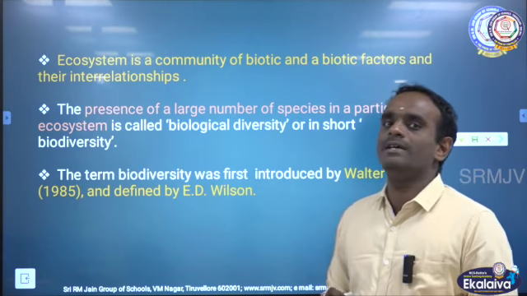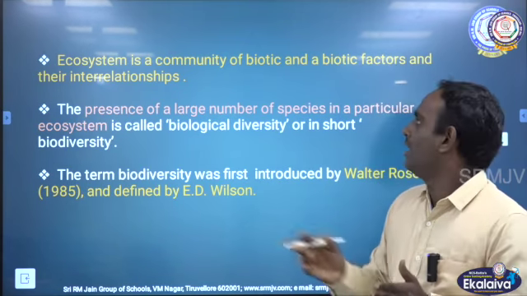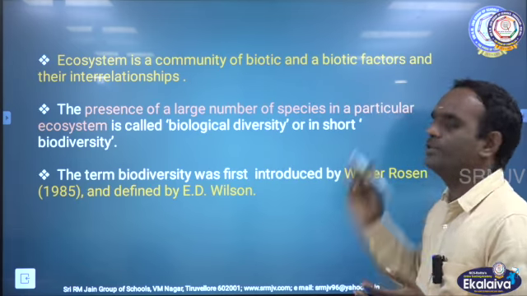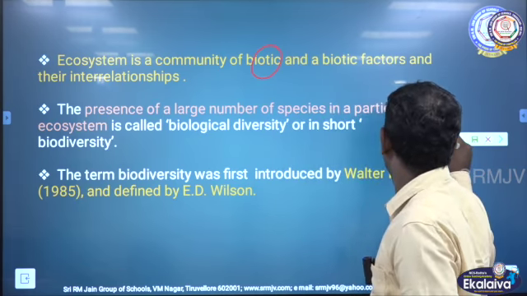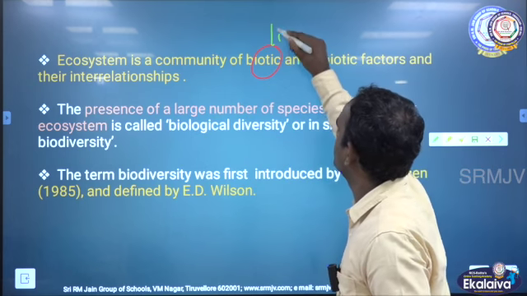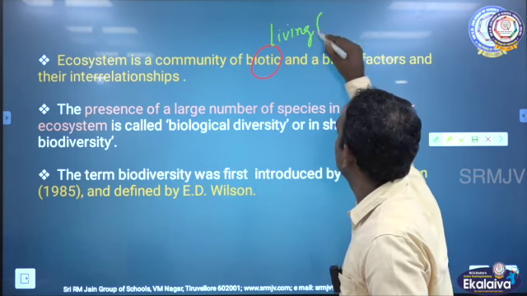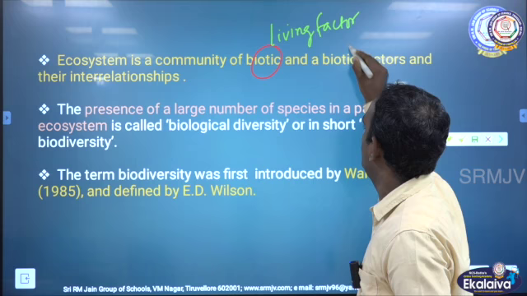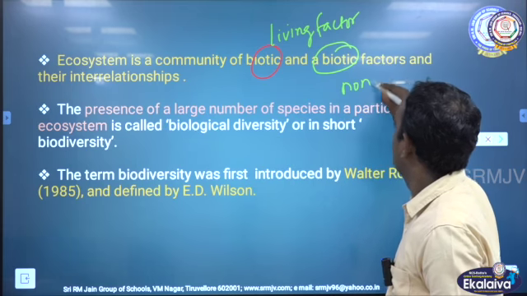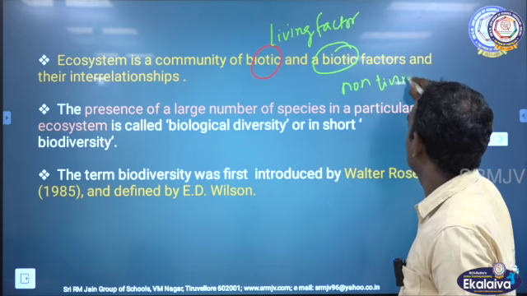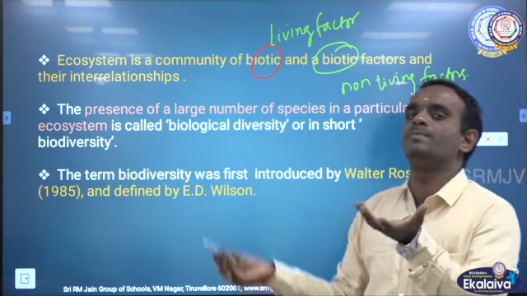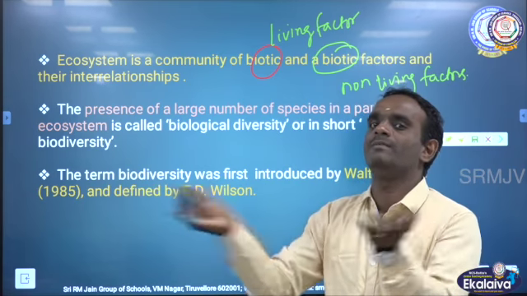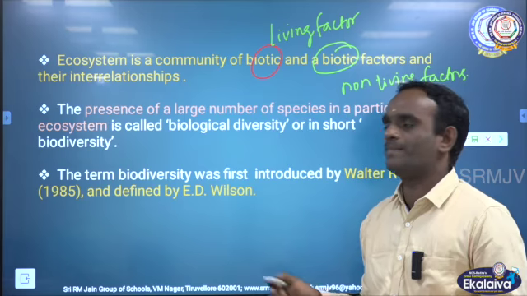An ecosystem is a community of biotic and abiotic factors. Biotic factors means living factors. Abiotic means non-living. There is a relationship between living organisms and non-living matter, that is called an ecosystem.